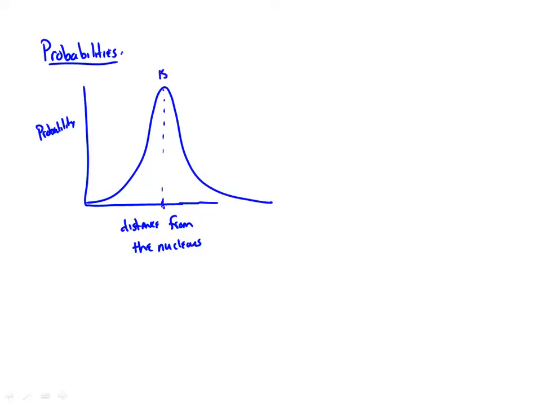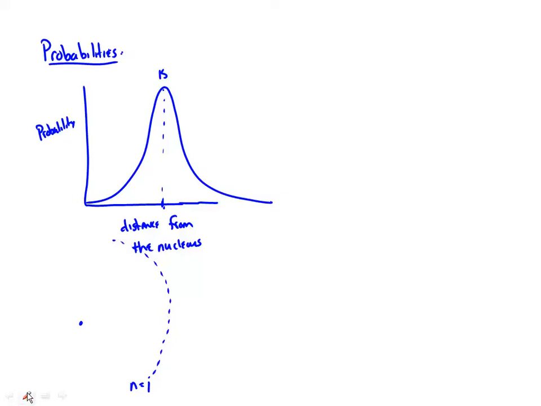When I draw a 1s orbital, n equals 1, I draw it as a simple dotted line. But remember, there's a probability the electron is a little bit closer, and a probability that it's a little bit further away.